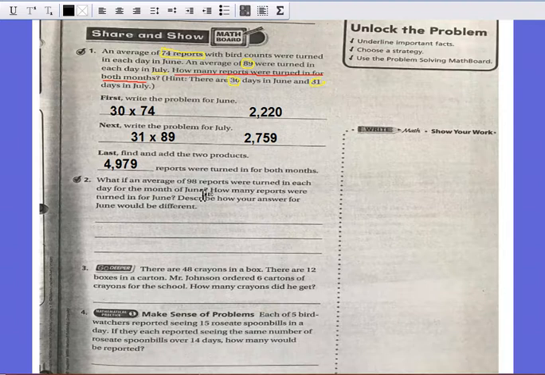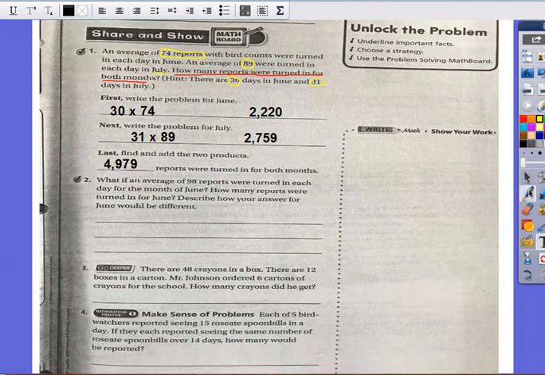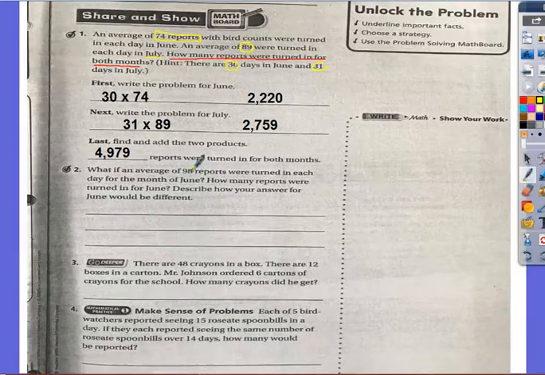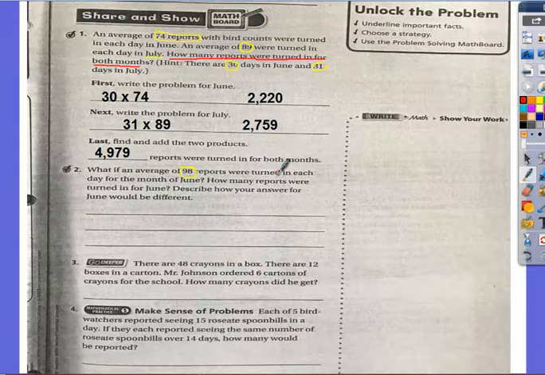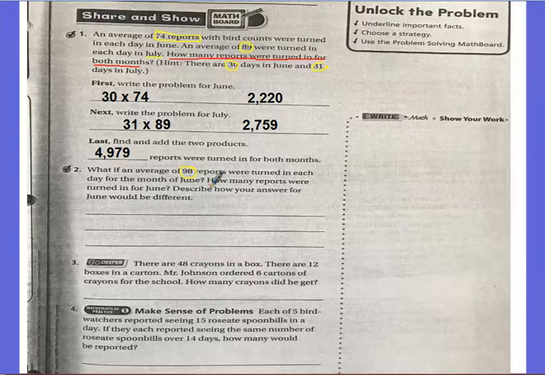Okay, so I'm going to come back here, and again I'm going to circle any information that I think is valuable, that there's 98 reports in for June, and just remembering that there was 30 days in June, just to keep that off the top of my head. I'm going to switch to another color. They're asking us how many reports were turned in for June.